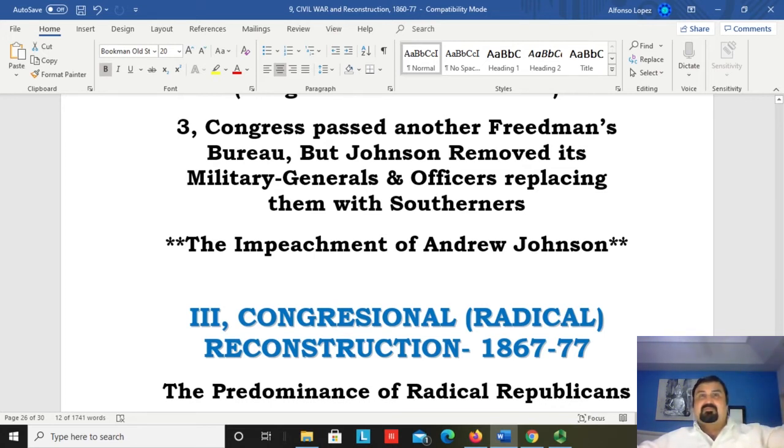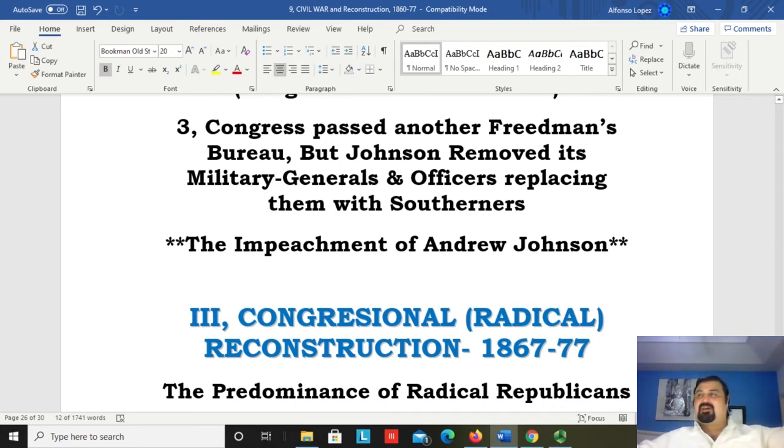Johnson vetoed the Freedmen's Bureau. Congress overrode the veto, but now Johnson understands what Congress is doing. So to get back at Congress, as a form of retribution, Johnson begins to remove all the appointments that Congress made to the Bureau, and he's replacing all of the personnel of the Freedmen's Bureau with military generals and officers that are from the ex-Confederacy.